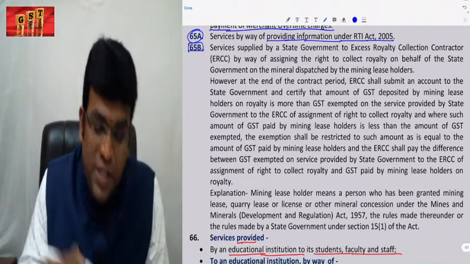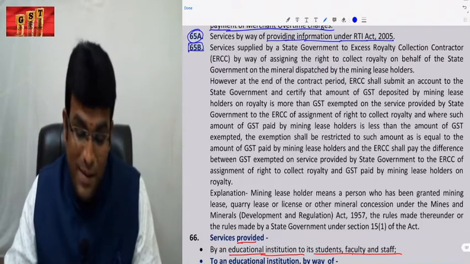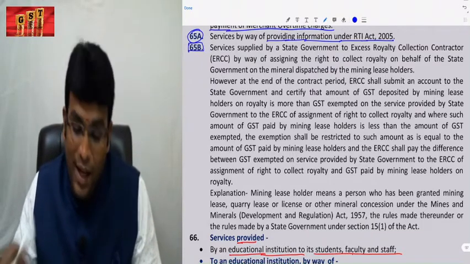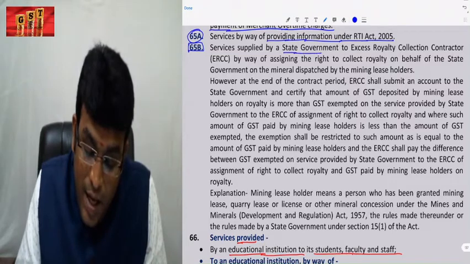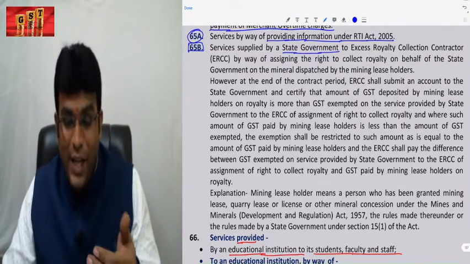65B is one latest added point. See that once. Services supplied by state government. Service is given by whom, sir? State government.